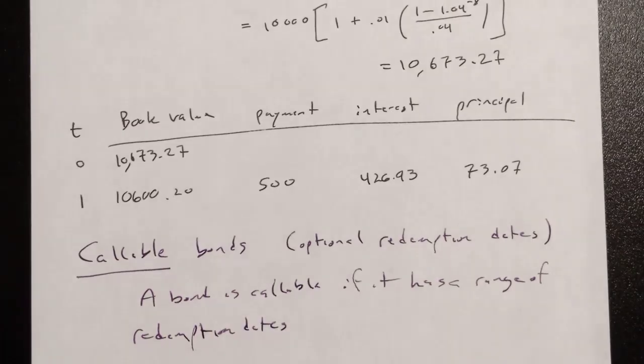Now, those dates are negotiated between the buyer and the seller, but they're almost always chosen by the seller. And the price depends on the length of time to redemption and the yield for any given price. Pricing, though, will then need to cover all the options for redemption time.